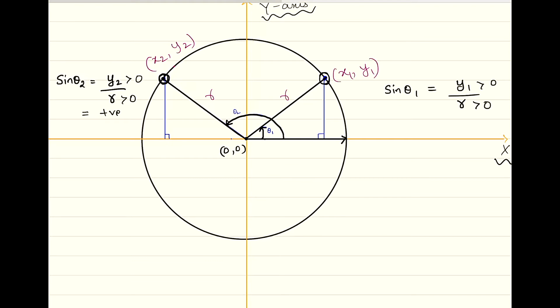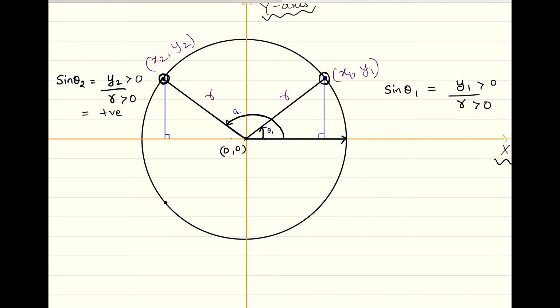But what if the angle is in third quadrant? So this is first quadrant, theta 1 is in first quadrant, theta 2 is in second quadrant, right? Actually, we don't say the angle is in second quadrant. This point x2 comma y2 is in second quadrant, so the corresponding angle we say that it is in second quadrant.